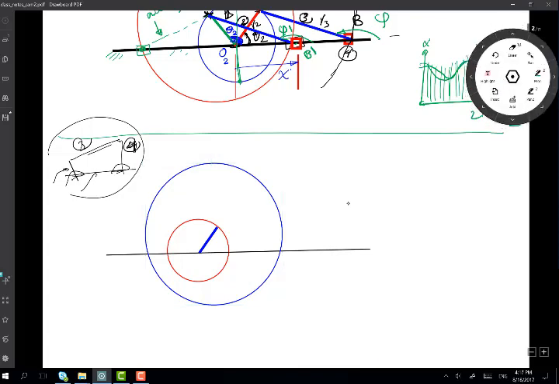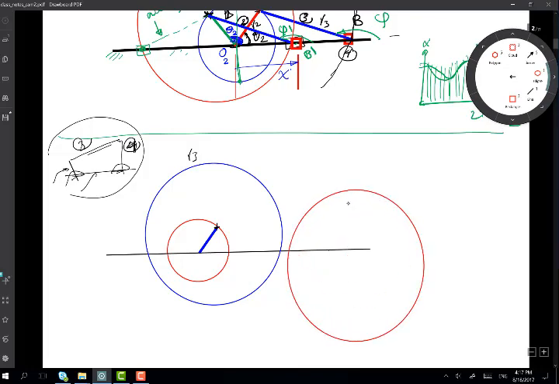The radius for this circle would be R3, and this will be the center of this circle. And on this side I'll have R4, which is the rocker, and I'm going to insert a circle for the rocker as well.